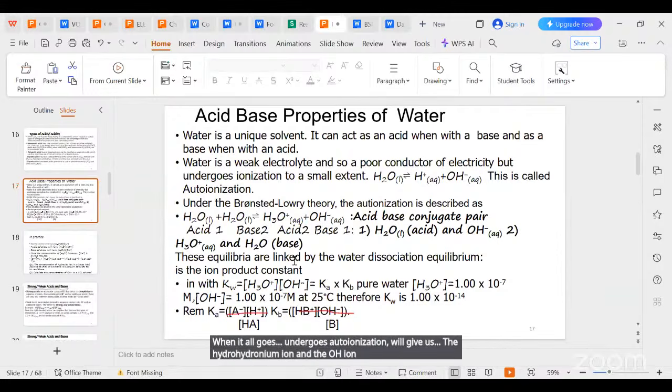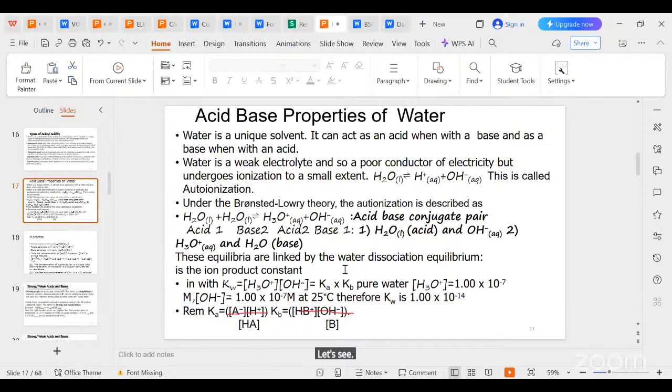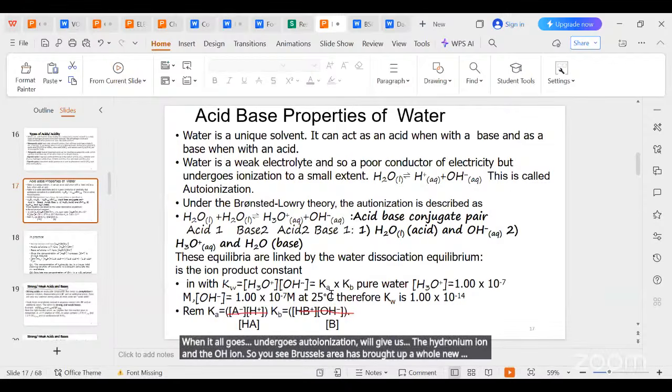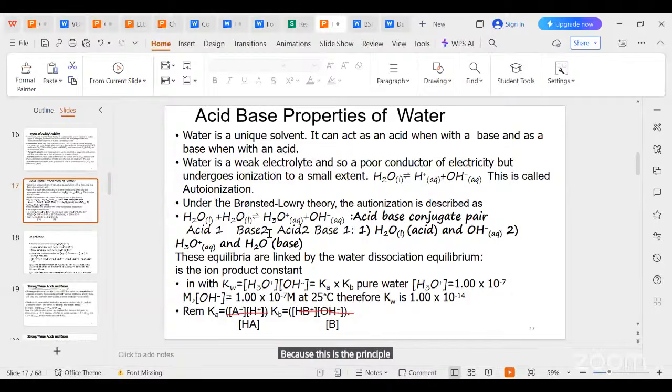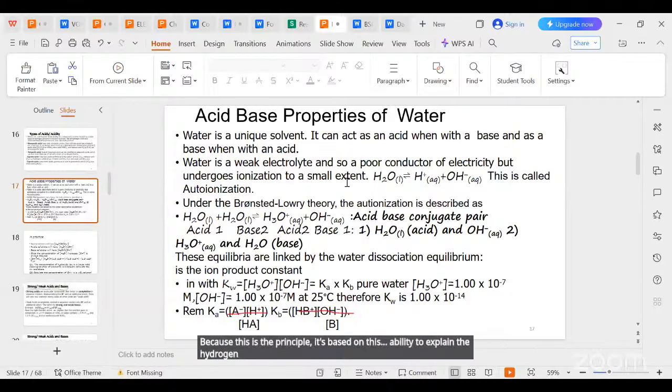So you see, Bronsted-Lowry theory has brought up a whole new concept and led to explanation of the pH scale. It set the foundation, because it is based on this ability to explain the hydrogen plus and the OH in water molecule. We could now account for the pH range.